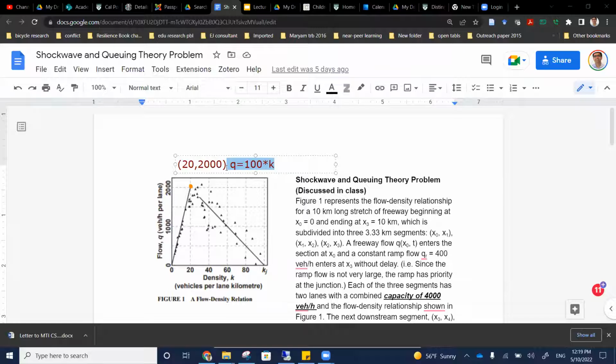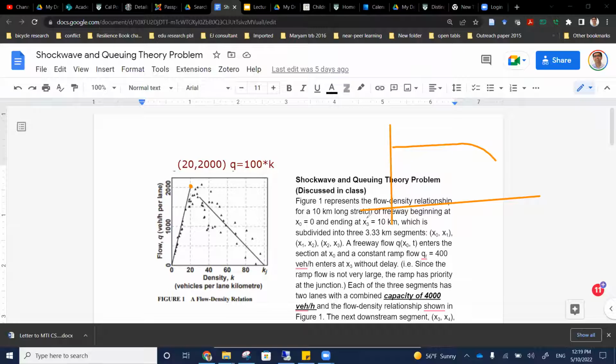Which is not that unrealistic, by the way, because if you recall the highway capacity manual diagrams, they also look something like this. They go straight for a long time and then drop at the end. So for the longest time, the speed remains at a constant value.